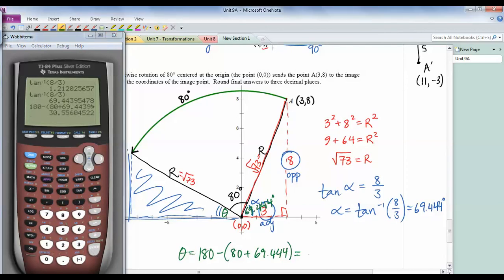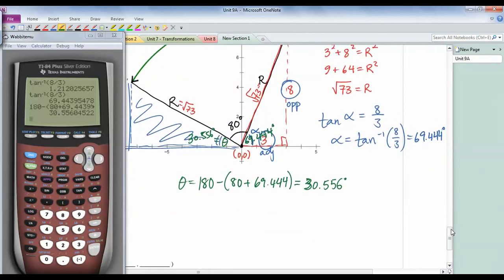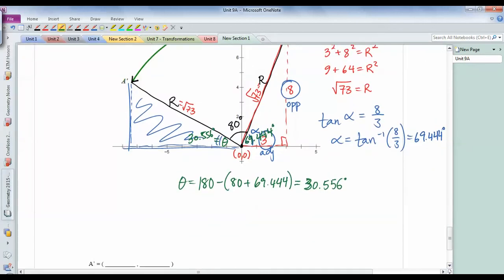And we get 30.556 degrees. So that's this one. Okay. So now what I need to do is solve for this length over here and this length over here. So we'll call them A and B.